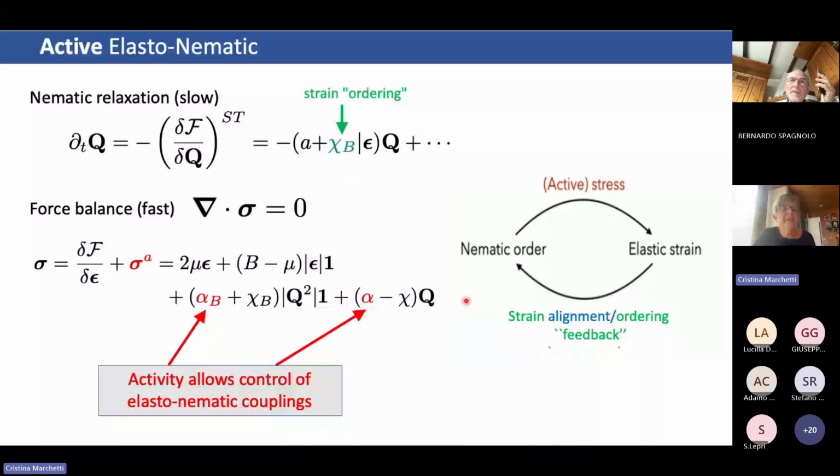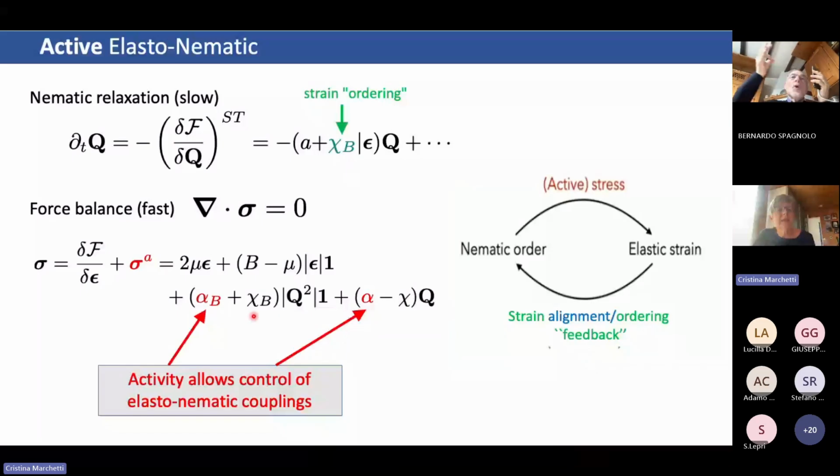But in addition, activity can also contribute an active pressure that can drive this local ordering or disordering effect together with my coupling chi_b. So in some sense, activity here doesn't change the structure of the stress tensor, but allows you to control these elasto-nematic couplings and possibly even to change their sign.